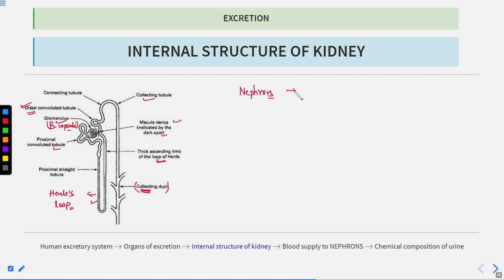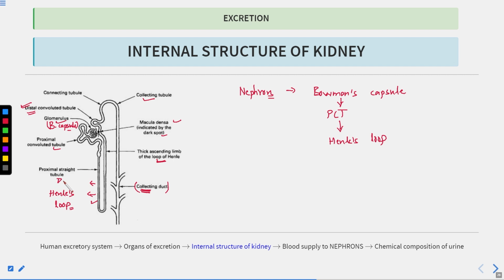So what are the parts of the nephron? First is the Bowman's capsule. Bowman's capsule leads into the proximal convoluted tubule. The proximal convoluted tubule leads to Henle's loop. Henle's loop is divided into the thin descending loop of Henle and the thick ascending loop of Henle.